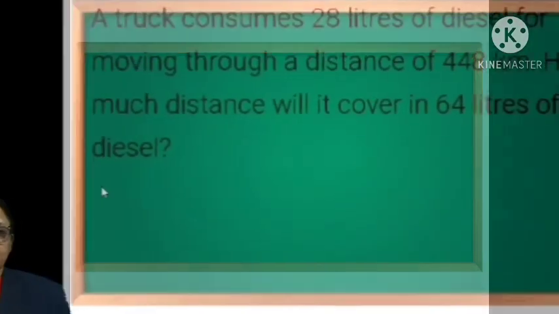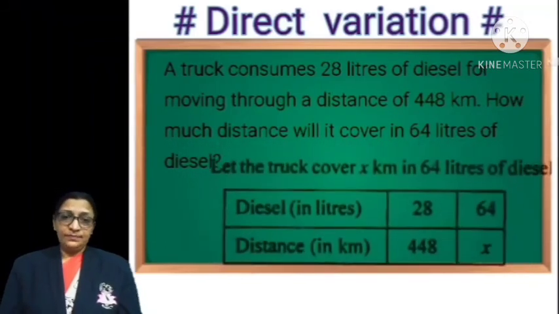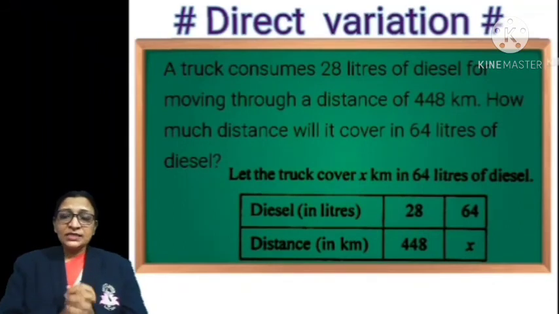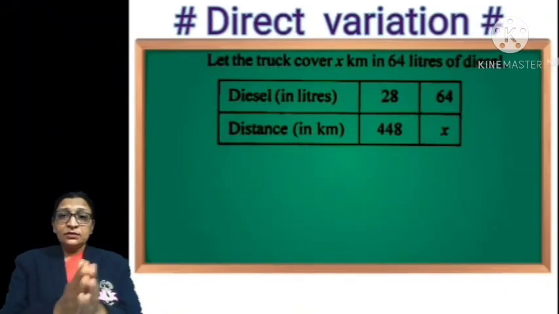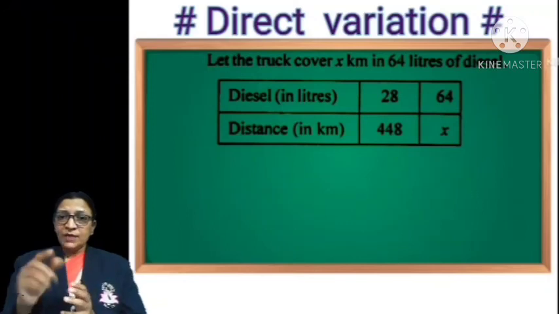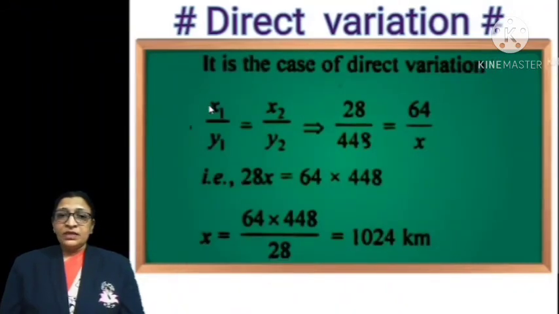Let us take the last example. A truck consumes 28 liters of diesel for moving through a distance of 448 kilometers. How much distance will it cover with 64 liters of diesel? Let the truck cover x kilometers in 64 liters of diesel. We will take diesel in liters with distance in kilometers. So 28 upon 448 is equal to 64 upon x, since these quantities are varying directly. x1 upon y1 is equal to x2 upon y2.